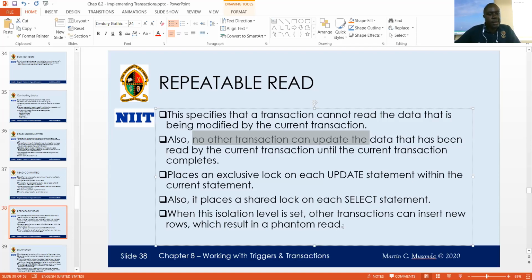We are saying other transactions can insert new rows as long as those are not part of what was read by the first transaction.